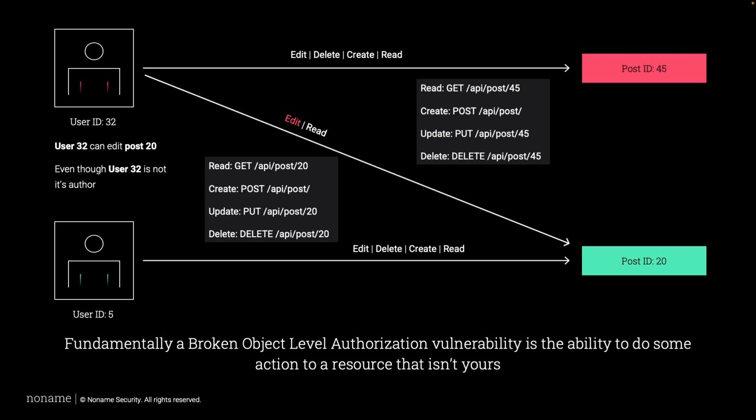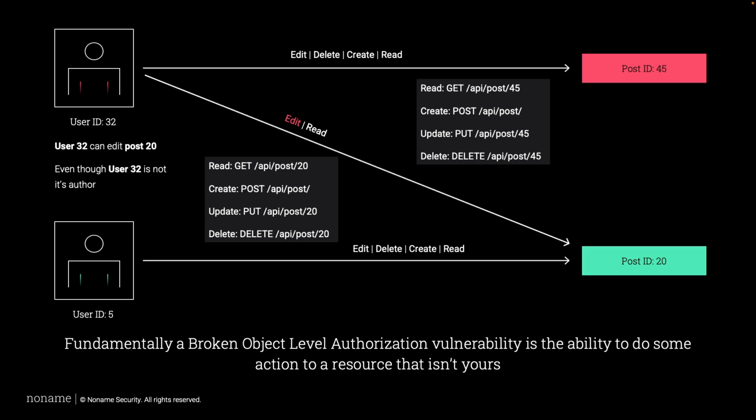Now, any user should be able to create new posts on their account, but those posts should be linked to the user that's currently logged in. And with that new post, they should be able to read that post, to potentially update that post, and also to delete that post. It belongs to them, it's their resource.